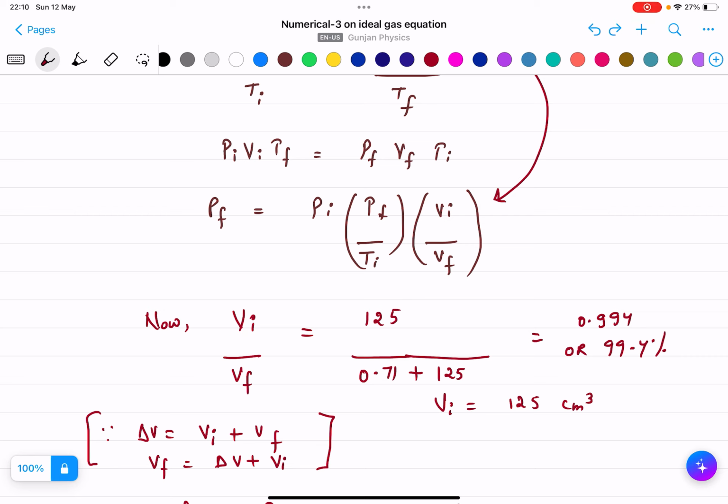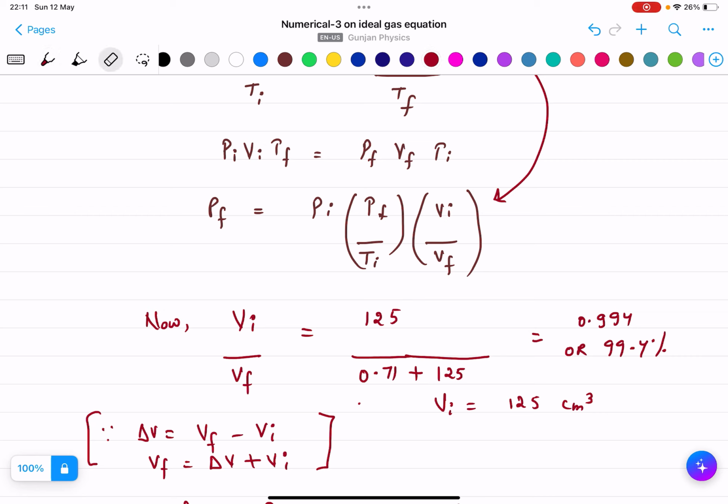Now what is the final volume? We know delta V is Vf minus Vi, so if I need to calculate Vf, it will be delta V plus Vi, right?